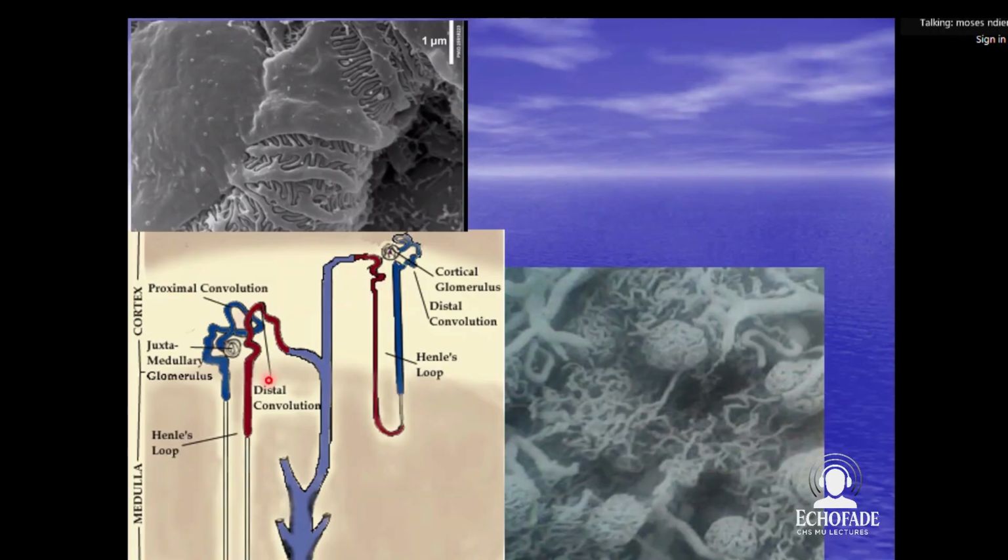Juxtamedullary nephrons start at the junction between the cortex and the medulla. They have a very long, thin loop of Henle, which is entirely in the medulla.